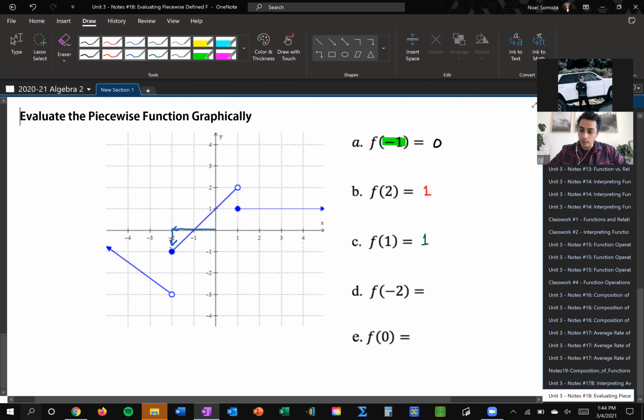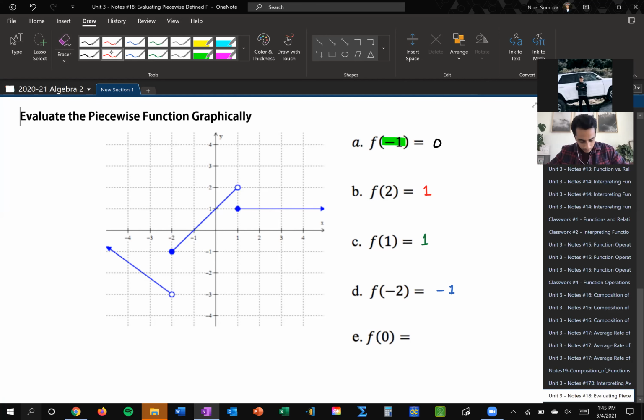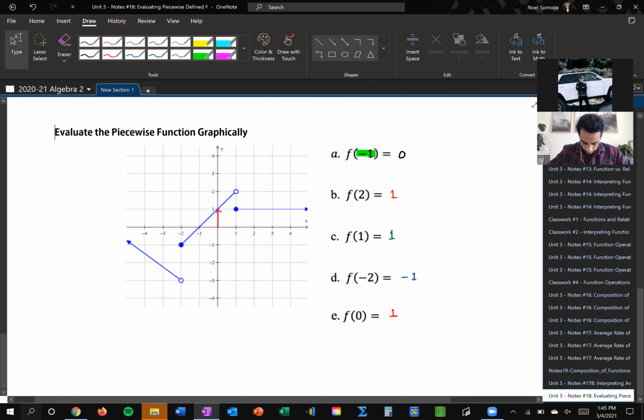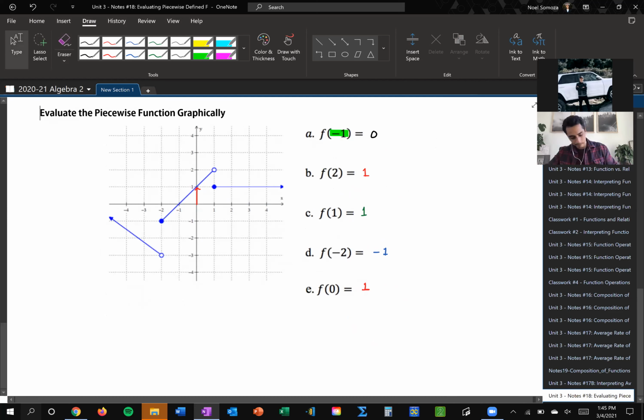You move down, you see the defined point, you can stop there. Even if 1 is undefined, you don't list it though. Okay, so it is only just going to be -1. And then finally, when x is 0, what's our output? +1 again. Okay.